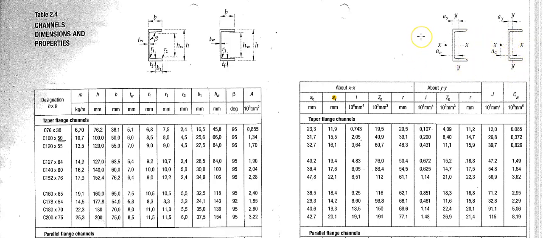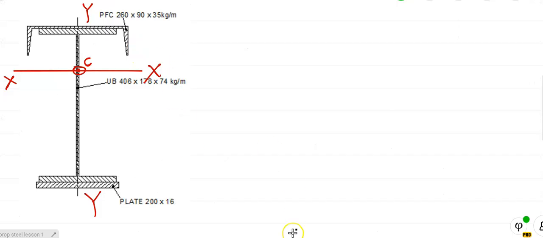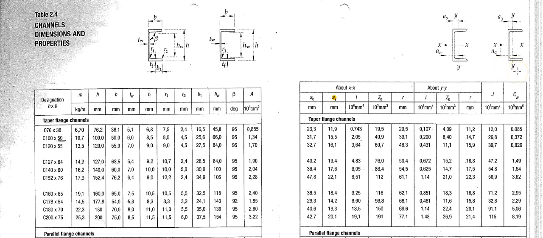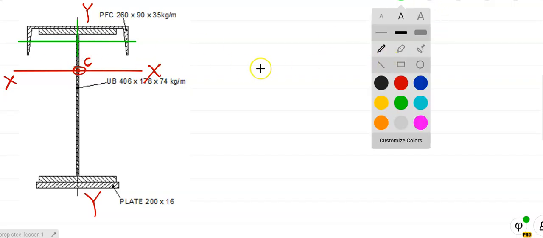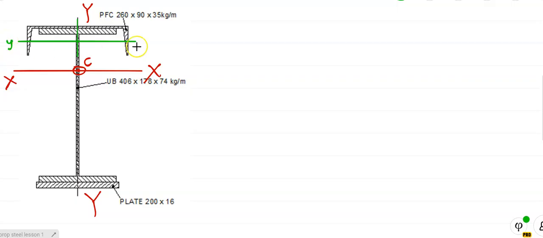So notice the horizontal axis here is actually the y-axis for the channel, and the vertical axis for the channel is actually the x-axis of the channel. I'm going to draw that in now. So there's its y-axis, and there's its x-axis, and I'm going to name them accordingly.